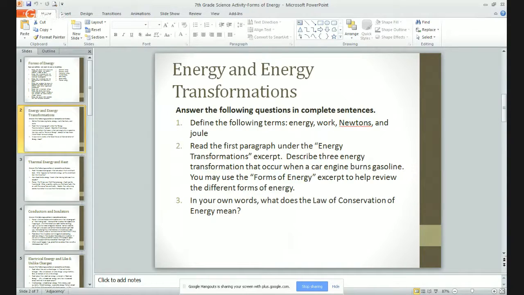You need energy to be able to use a force. The force doesn't just magically come out. You've got to have energy that's going to cause that force to occur.